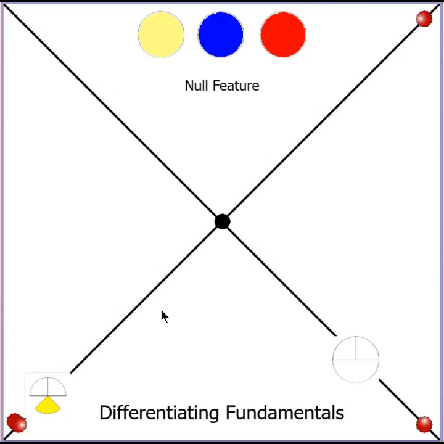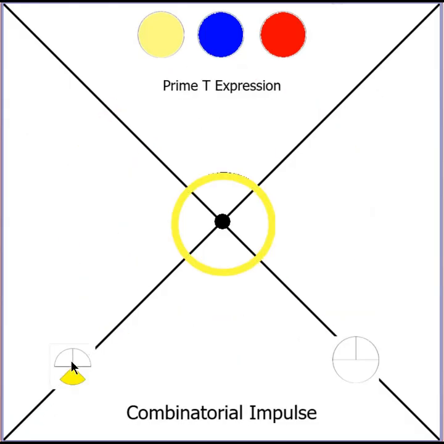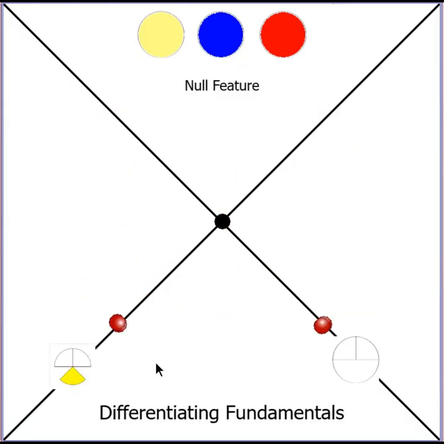Dragging the differentiated fundamental along the diagonal toward the center point or unity simulates its topological interplay or combinatorial action with other T and V differentiated RFundamentals fundamentals and its combinatorial action with anti-RFundamentals fundamentals.